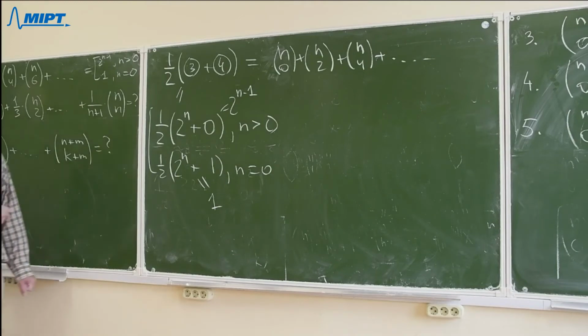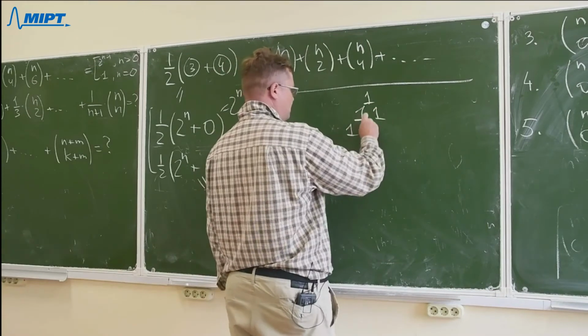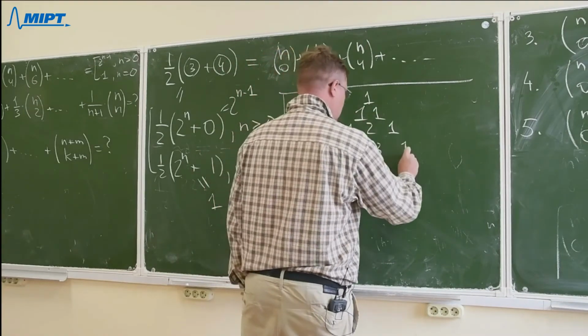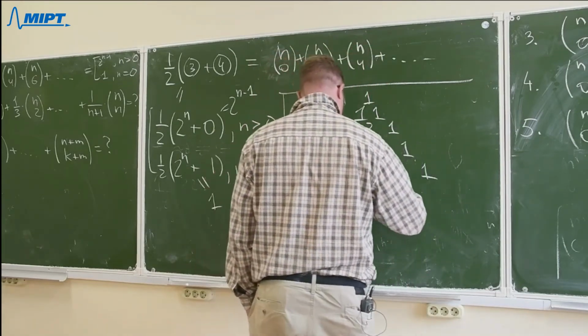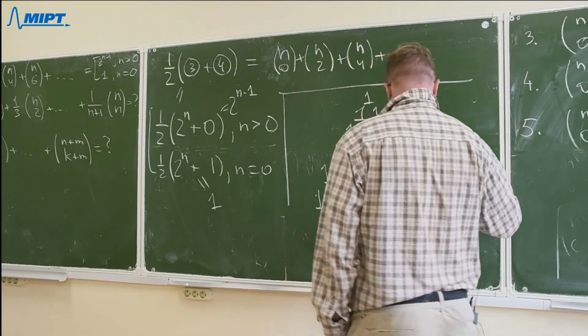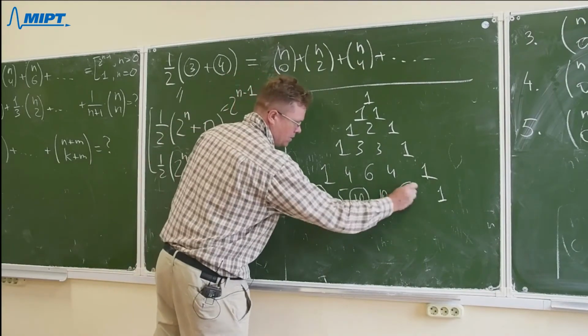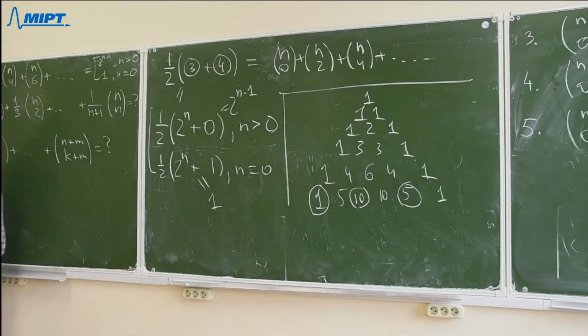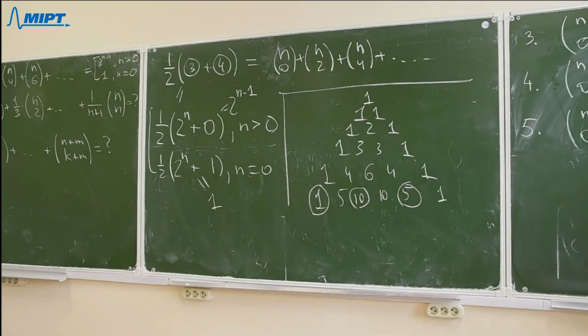Okay, let's look at the Pascal triangle. For example, here I have the sum of these three numbers. Can I somehow describe it using the main property of the Pascal triangle?